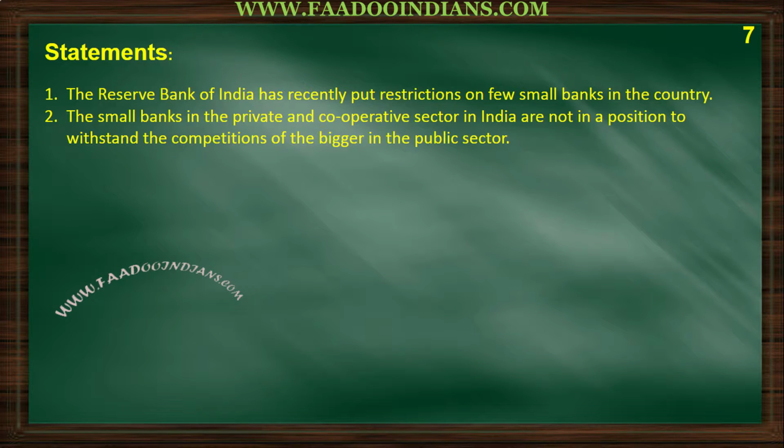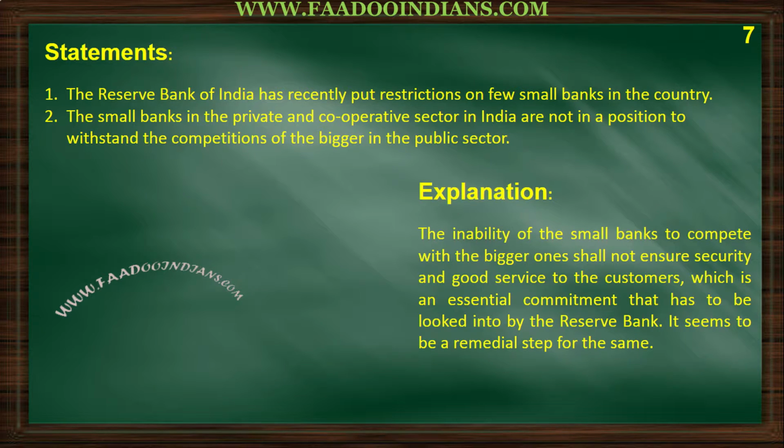Due to small banks not being able to compete with larger banks, the inability of the small banks to compete with the bigger ones shall not ensure security and good service to the customers, which is an essential commitment that has to be looked into by the Reserve Bank. It seems to be a remedial step for the same. Therefore, statement 2 is the cause and statement 1 is its effect.